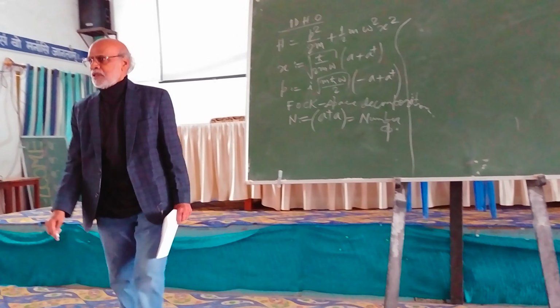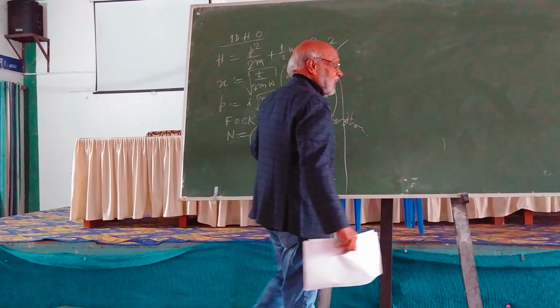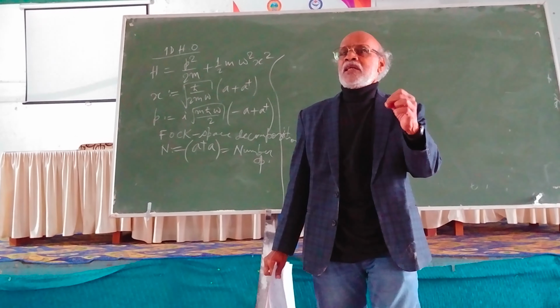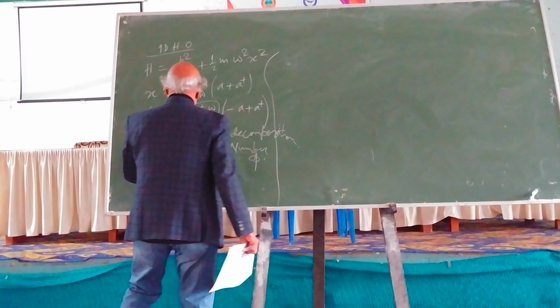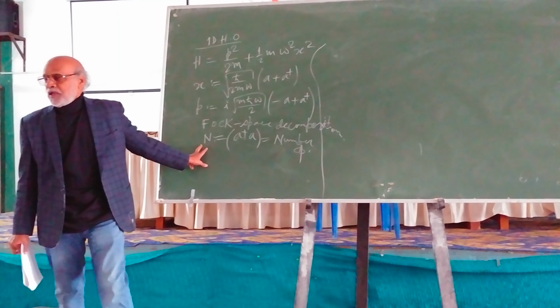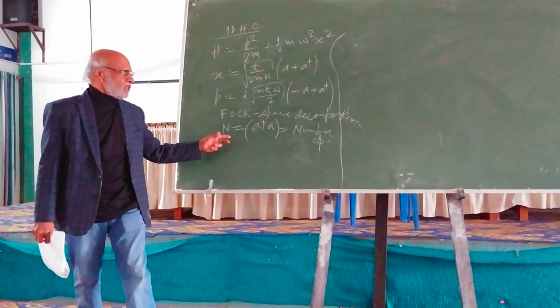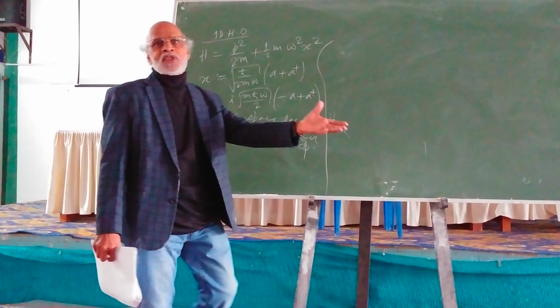In any representation in which this N is diagonal, that representation is called a Fock space.